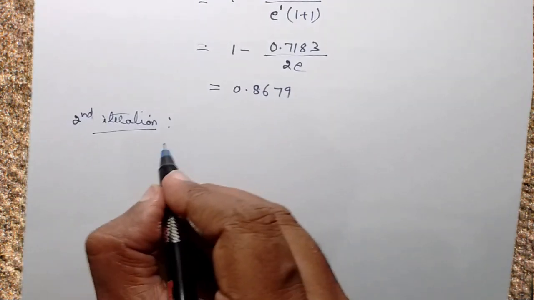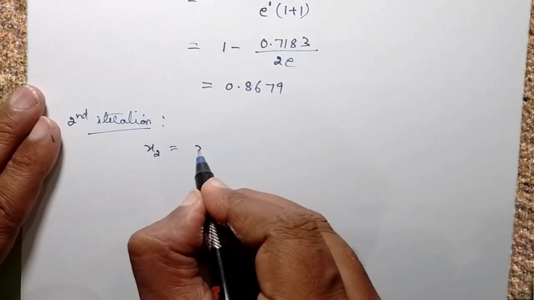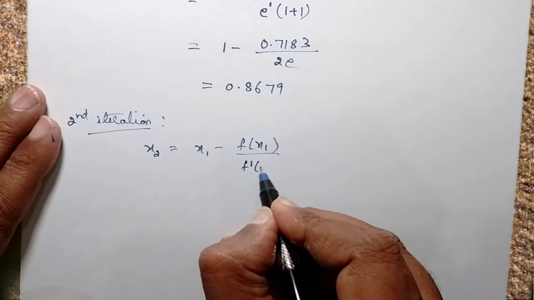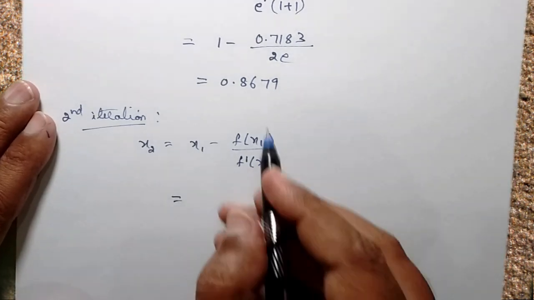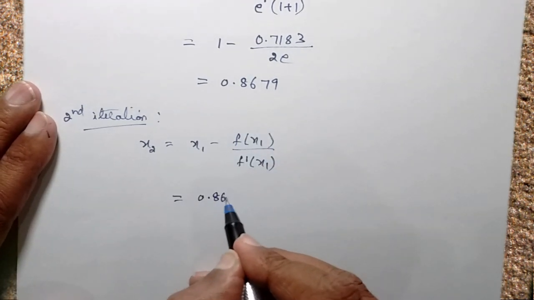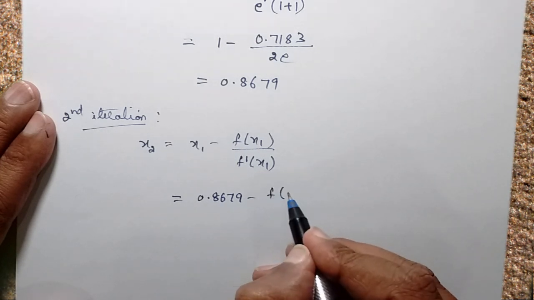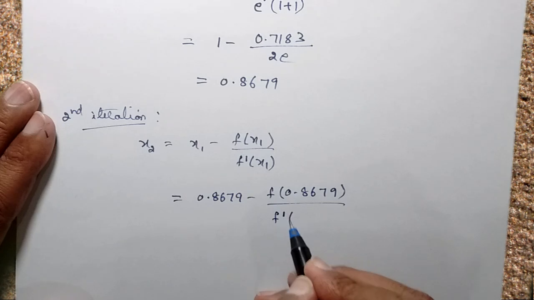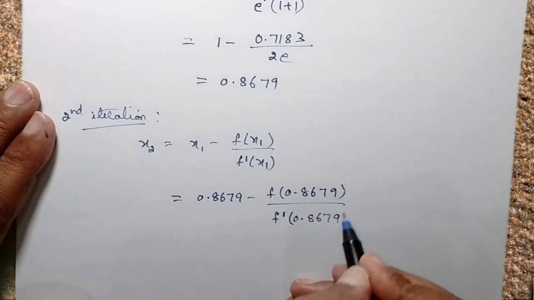The second iteration will be your x2 value. So x2 will be equal to x1 minus f of x1 divided by f dash of x1. So what is the x1 value here? 0.8679 minus f of 0.8679 divided by f dash of 0.8679.